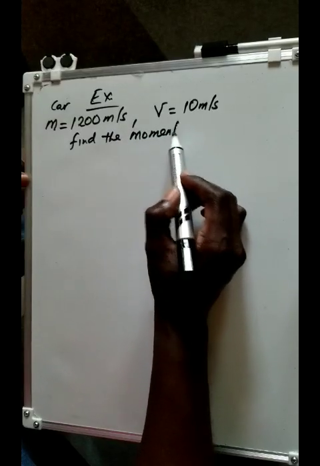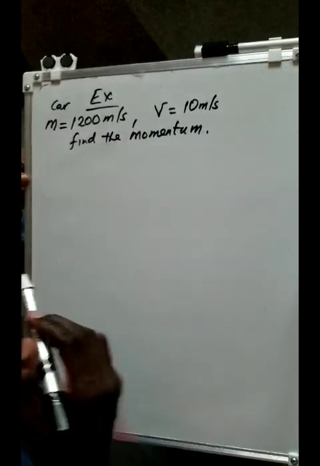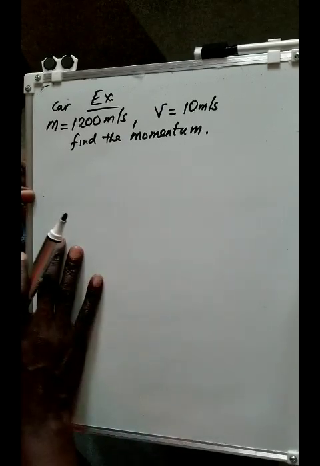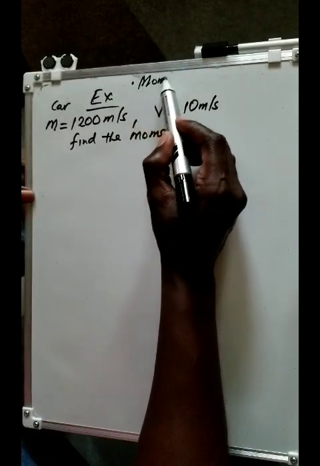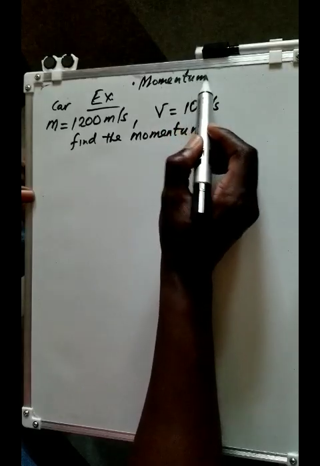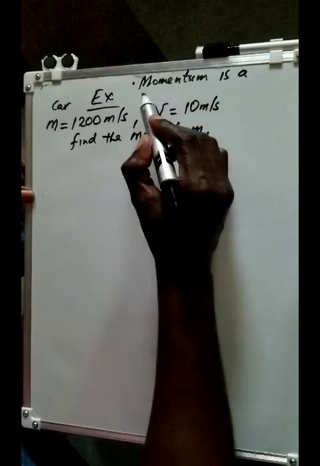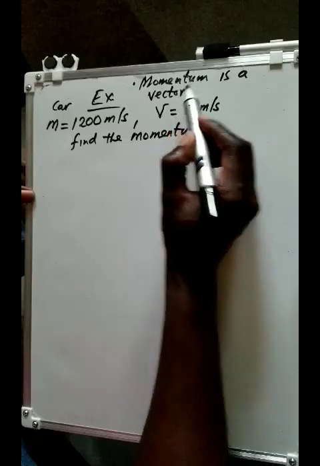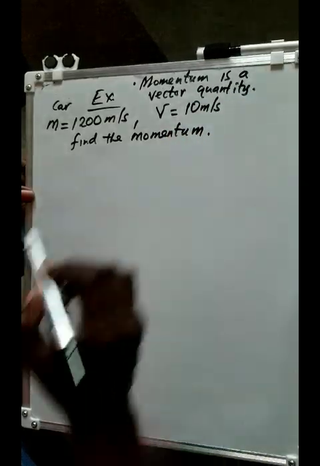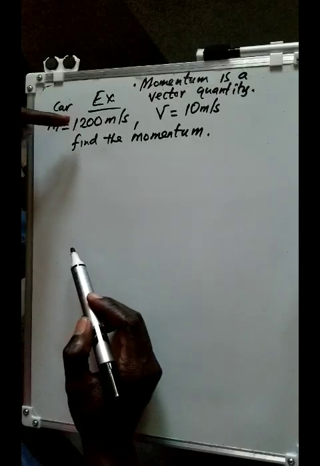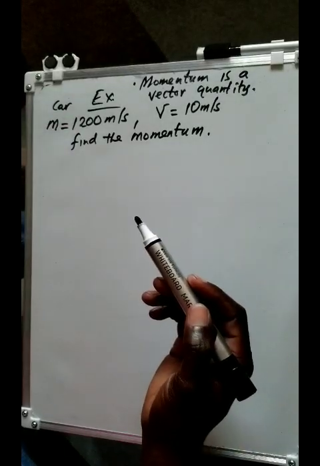Now, another aspect that you need to remember, which I did mention, is that momentum is a vector quantity, meaning that it has both magnitude and direction. So for a car moving, you need to state the direction in which it is moving.